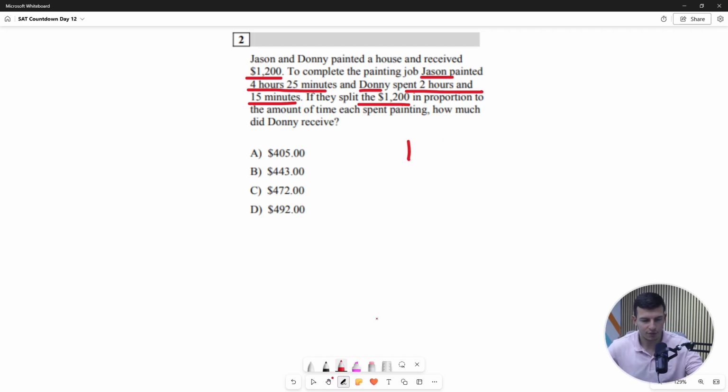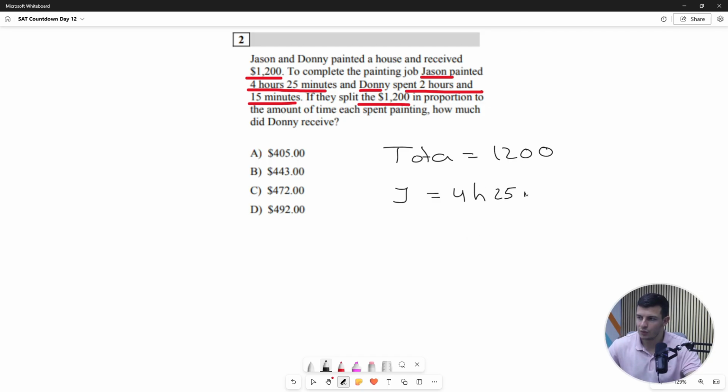Let me switch to my black pen here. We know the total amount is 1200. We know Jason spent 4 hours and 25 minutes. Now, I sometimes do this as well: 4 hours and 25 minutes is not 4.25, yes?